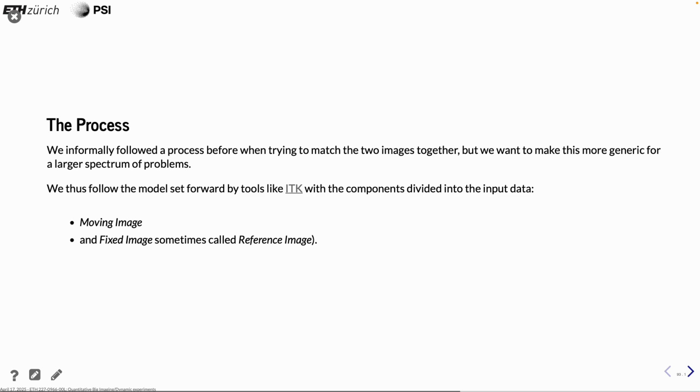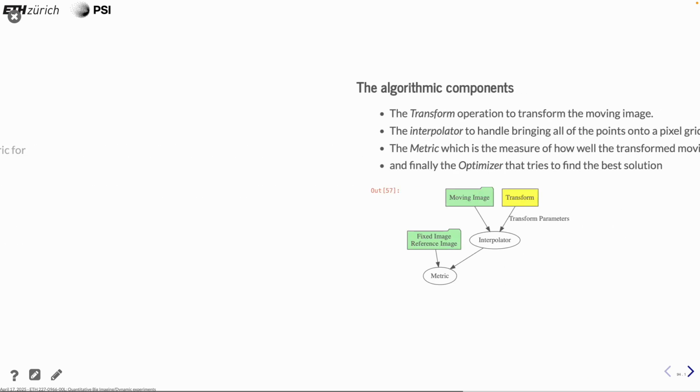And first of all, my hands are not in the right way, so we have to flip. And then after a while, you can optimize it and have them perfectly overlapping. And that is what we're doing here in the registration.